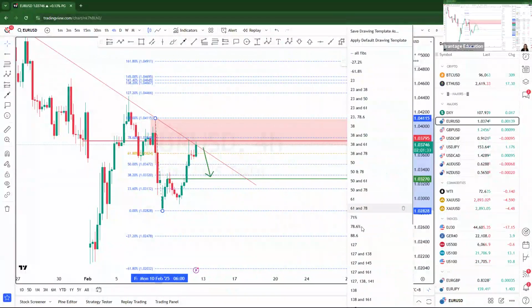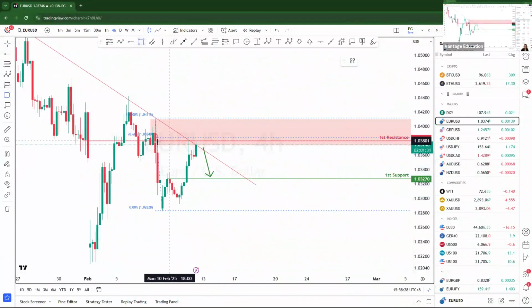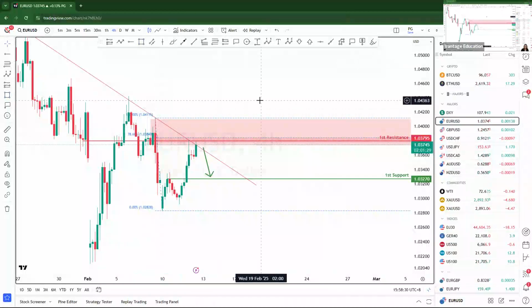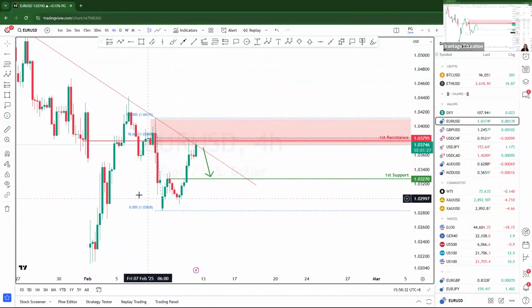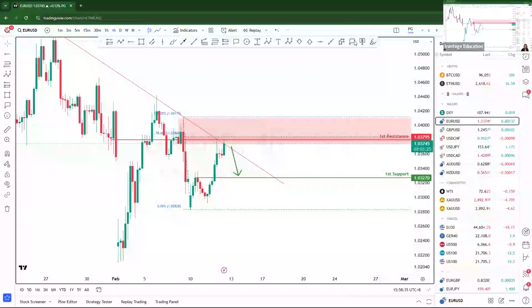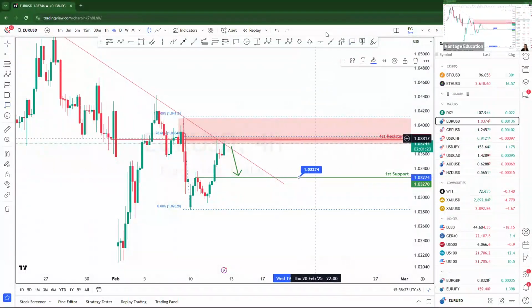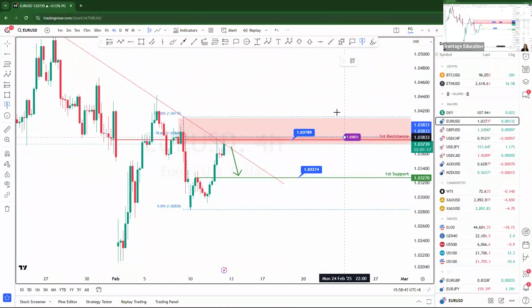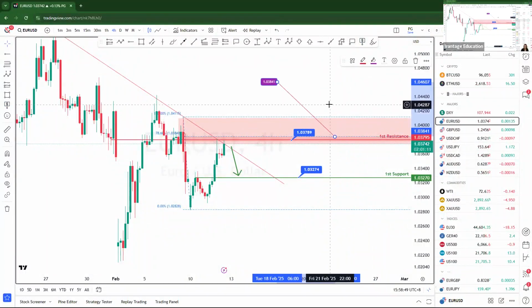So next, the 0.6% fib, the narrow zone. Okay, this is a support level. The resistance here is like the 78.6 fib.